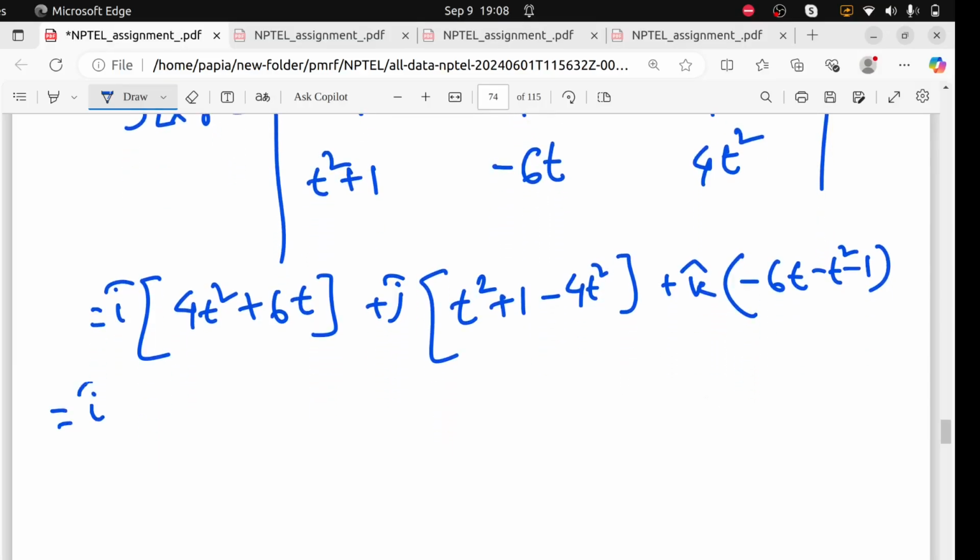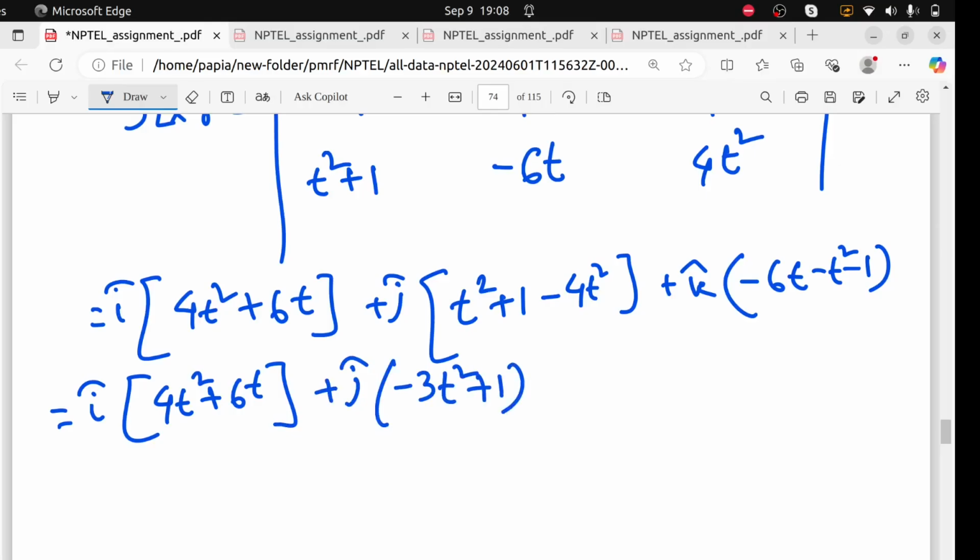So this will be 4t square plus 6t, minus 3t square plus 1, minus 6t minus t square minus 1.